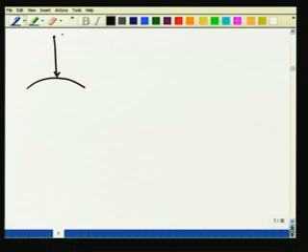Suppose instead of moving up, I decided to come this way from point 2 to point 1.